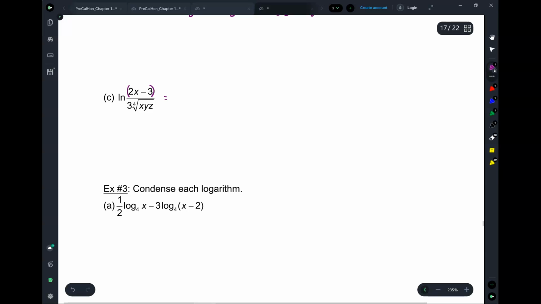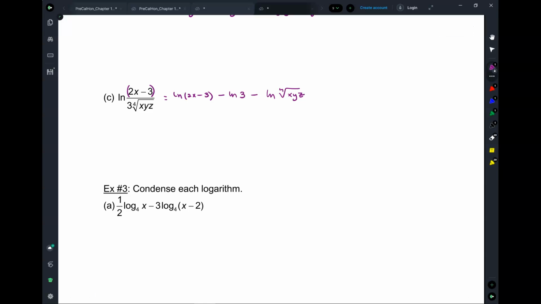Ln of 2x minus 3, minus, now we're moving to the bottom, ln of 3, minus ln of 4th root xyz. We're not done yet, we're going to continue.